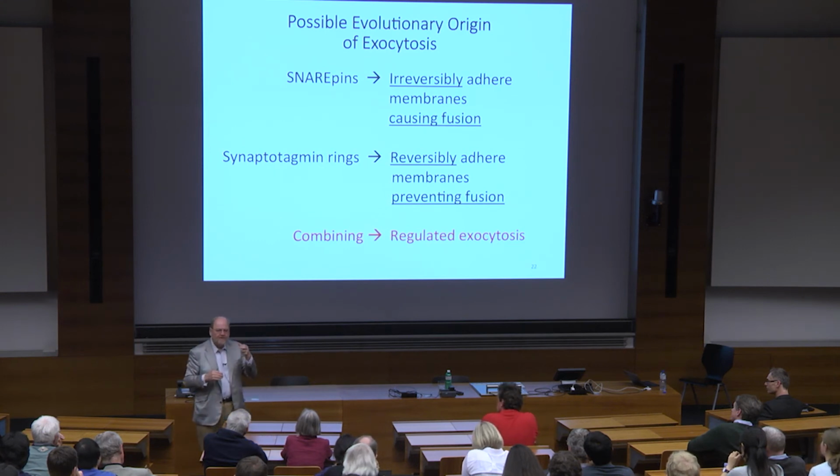The job of those synaptotagmin rings is the exact opposite of membrane fusion. It is to allow two membranes to come within molecular contact distance, but never to fuse, so they can be later taken apart when the ring disassembles. So the goal of synaptotagmin rings, I would argue fundamentally, is reversible adhesion preventing fusion.